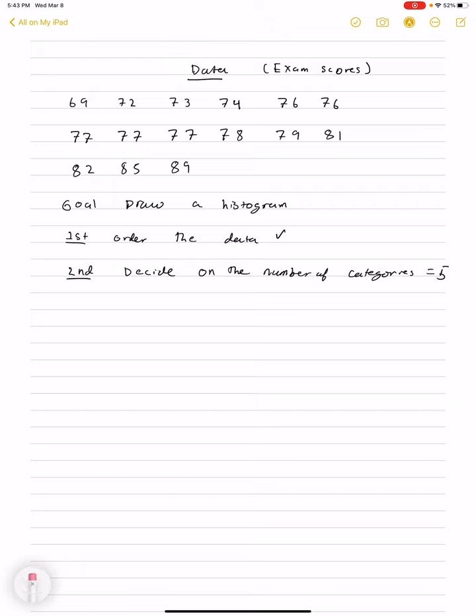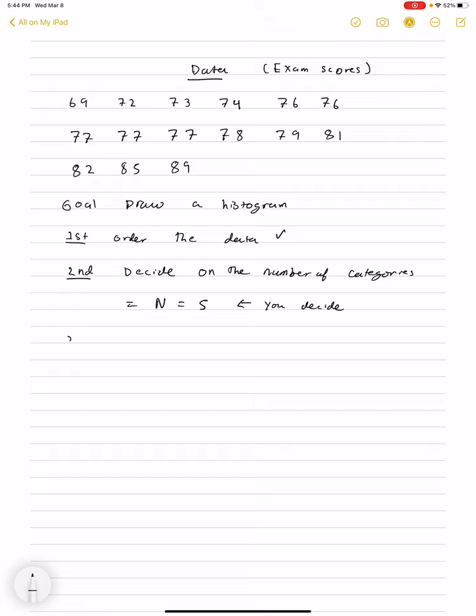Let me rewrite that so it looks a little nicer. People often call this n. This is for you to decide. But 5 is a typical number, and there are some recommendations you can look in your textbook.